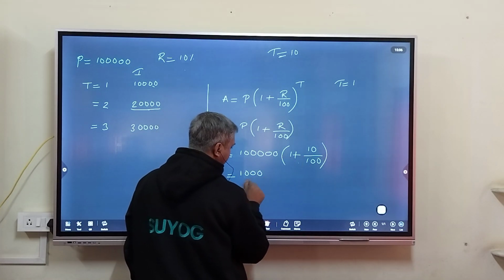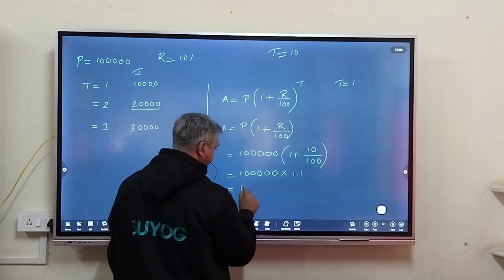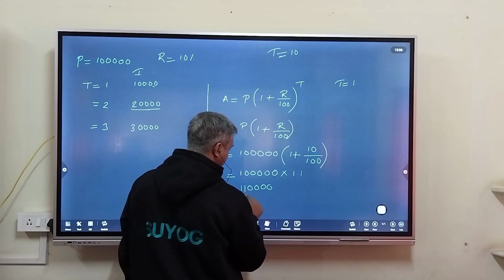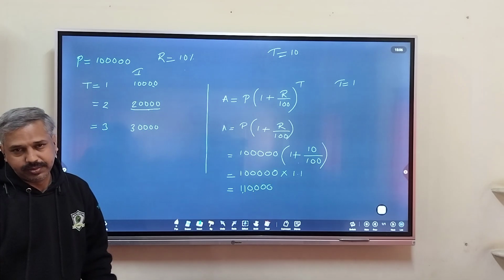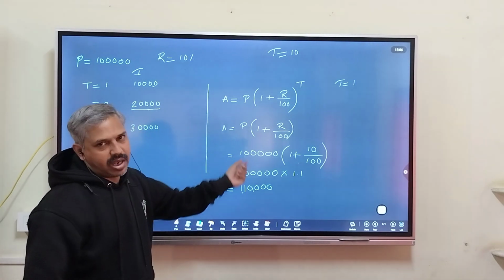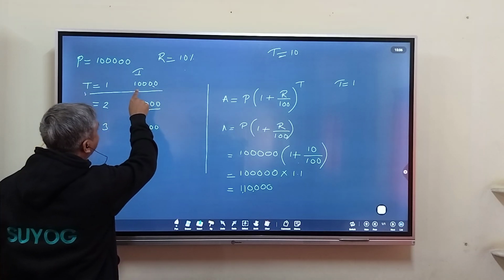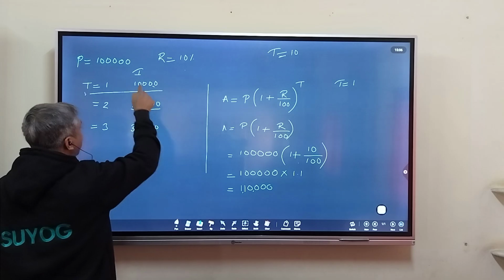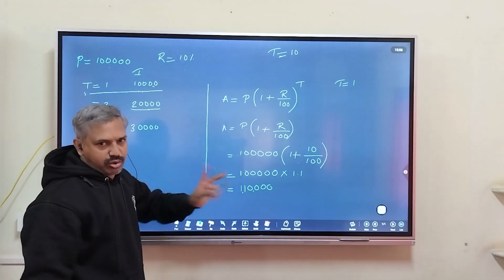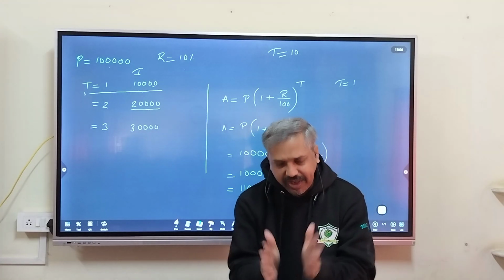So 1 lakh into 1.1. So it is 1,10,000 rupees. This will be the amount that you have to pay after 1 year, which is perfectly the same as this: 10,000 rupees of interest plus 1 lakh rupees of principal together will be 1,10,000. So in the first year, the simple interest and compound interest are perfectly the same.